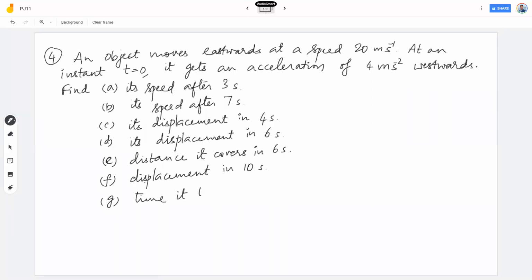Time it takes to turn in its direction. Yeah, so we'll try to do all these questions.